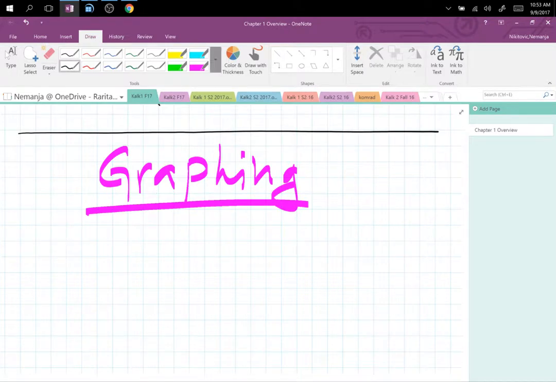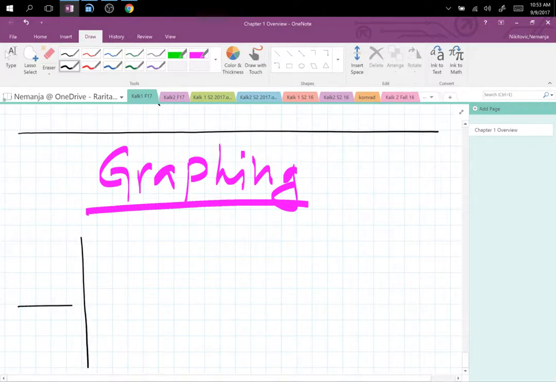So, in Calculus 1 and 2, almost all graphs are 2D, so on the XY plane. We have the x-axis, the y-axis, numbers 1, 2, 3, 4, and so on, -1, -2, -3, and so on. Positive y-axis, negative y-axis.